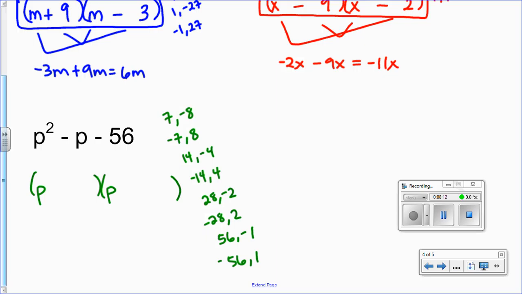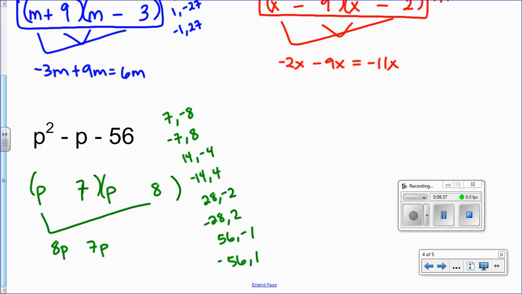Now you don't have to write all these out if you can figure out what it is. So I always start with the numbers that are closest together. So if I try 7 and 8, let's take a look at what the outer and inner give us. So 8p and 7p. Well, if I add those together, I get 15.